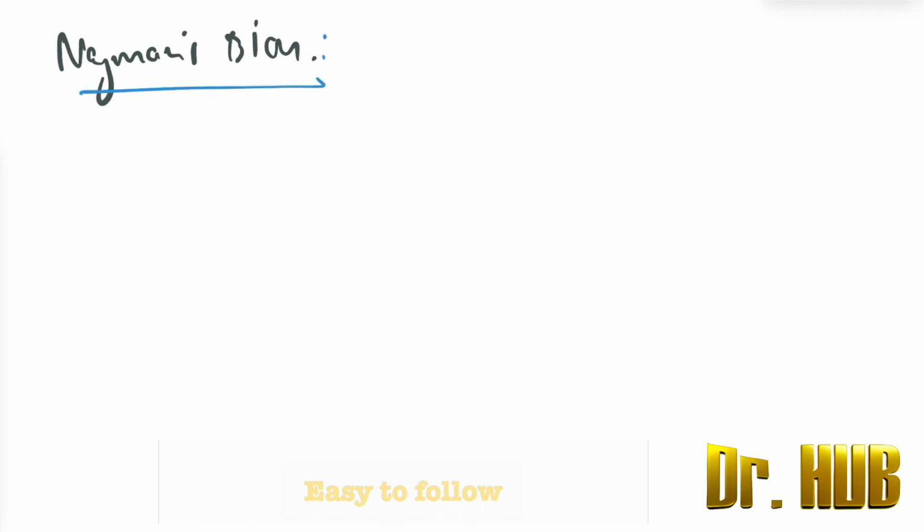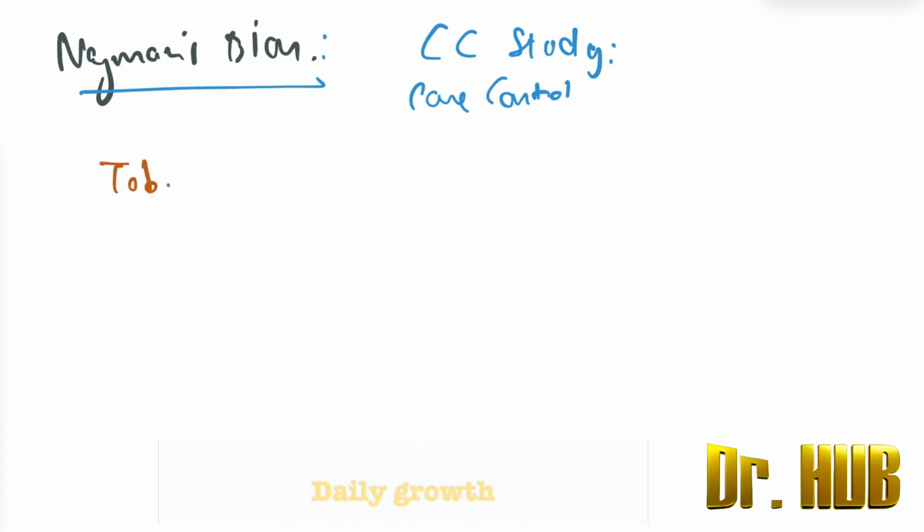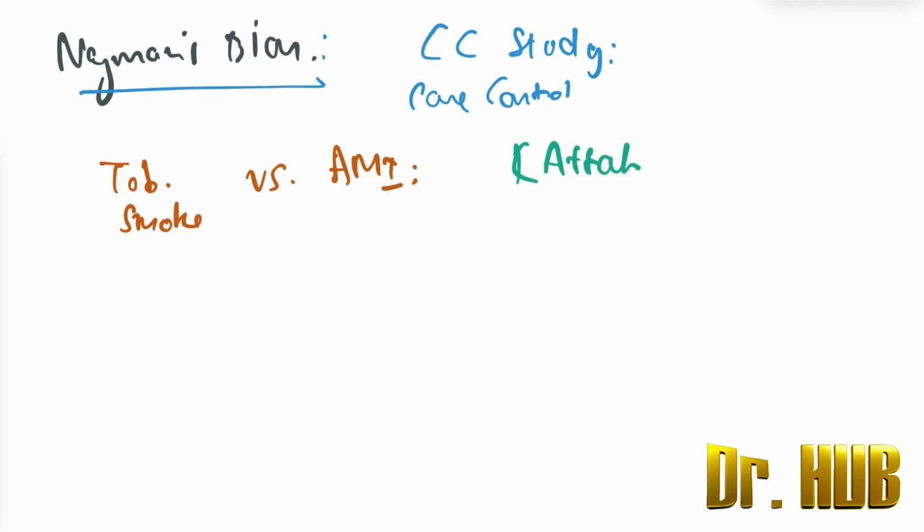A case control study is carried out on the relationship between tobacco smoking and acute MI. The cases are interviewed 1 week after the coronary attack, and then you compare them.